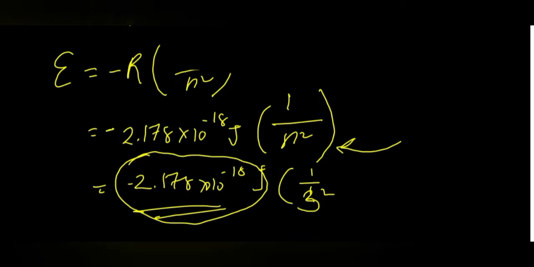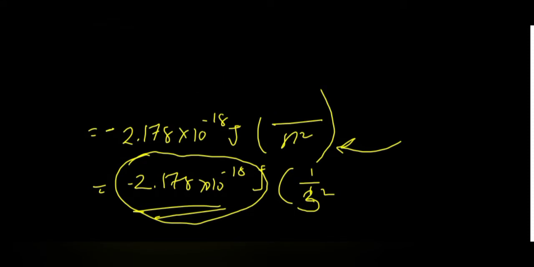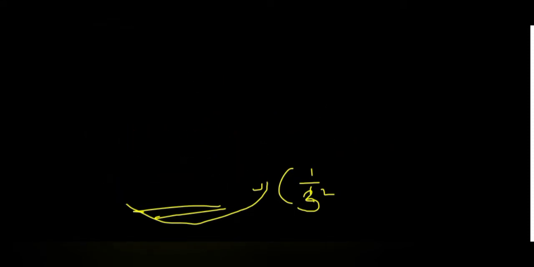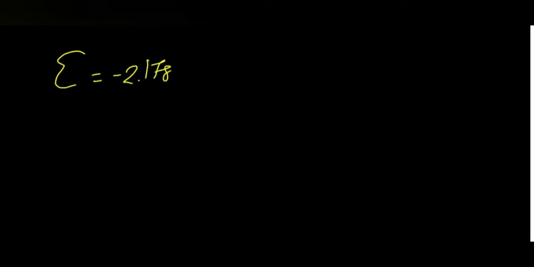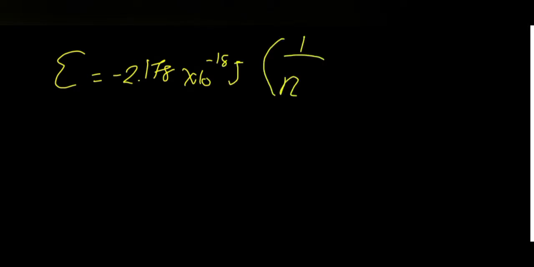Alright, so we can use the same equation to determine the energy change when an electron transitions from one energy level to the other. The energy change will be given by negative 2.178 times 10 to the power negative 18 joules, and then 1 over n final squared minus 1 over n initial squared.